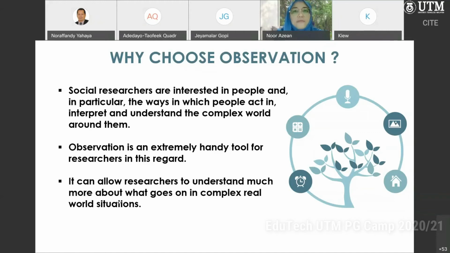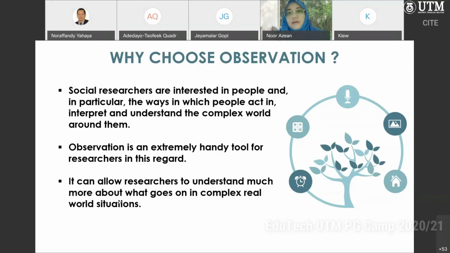Okay, so observation is an extremely handy tool for researchers in this regard. It can allow researchers to understand much more about what goes on in a complex real world situation than they can ever discover simply by asking questions, right? If you are just asking, sometimes it does not really reach the maximum, the optimum. But with observation, we can see them, okay, by looking at how they interact.